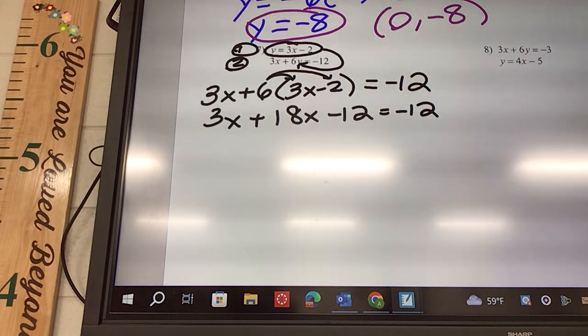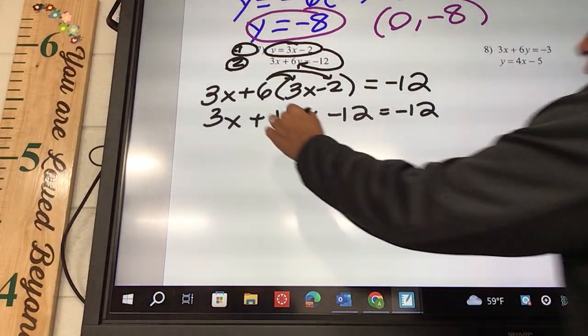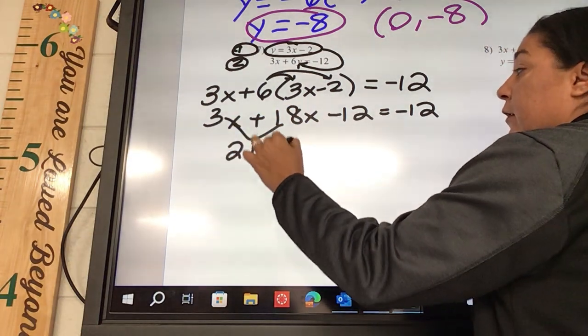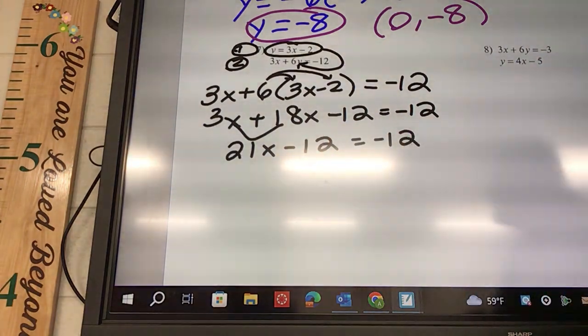What's your next step? The x's. Yeah, we're going to combine the x's. So 18 plus 3, 21x minus 12 equals negative 12.